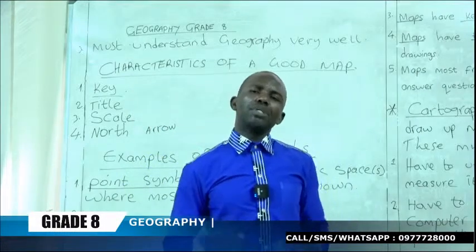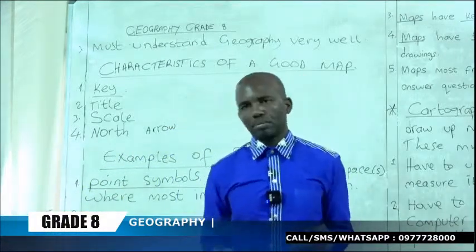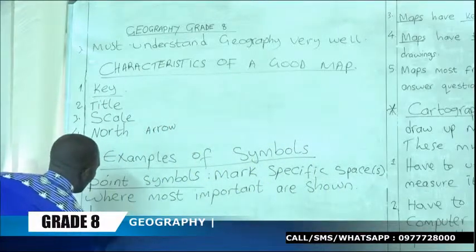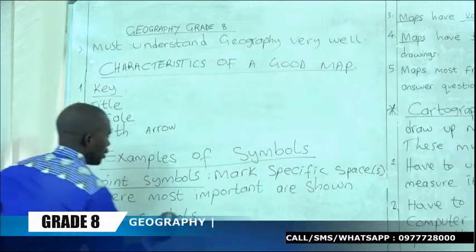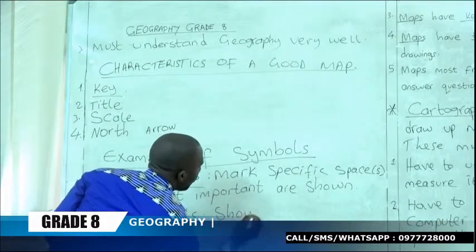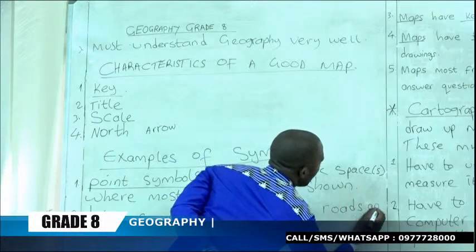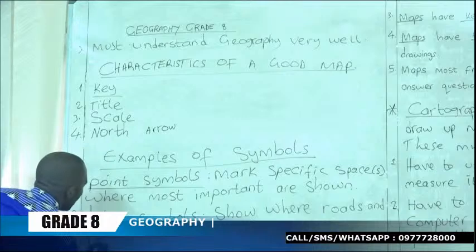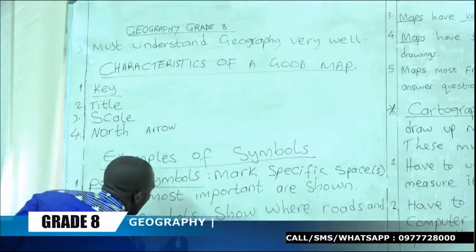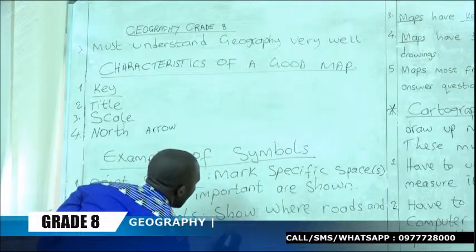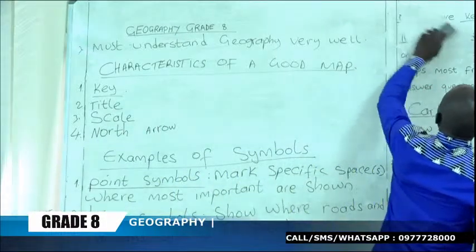These line symbols simply show where the roads and the railway systems, the means of transport, are found on the map.